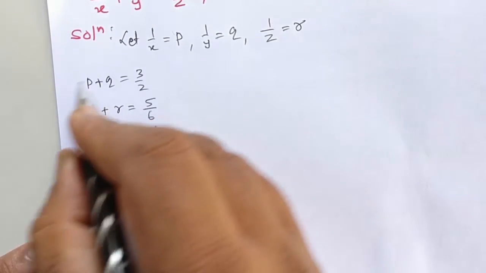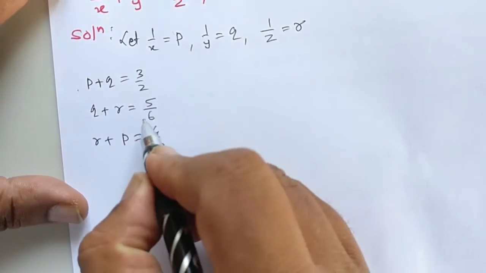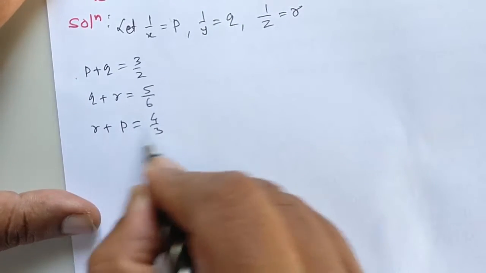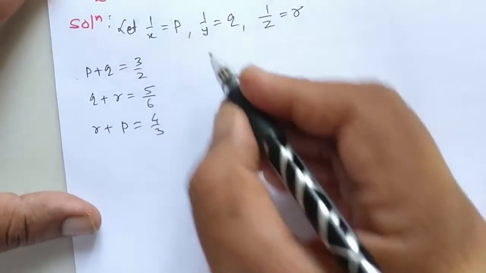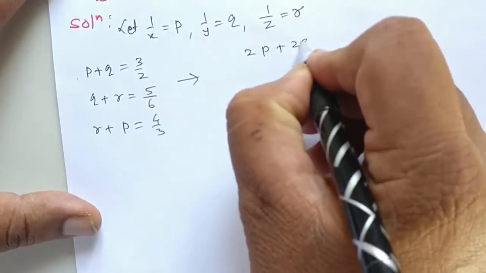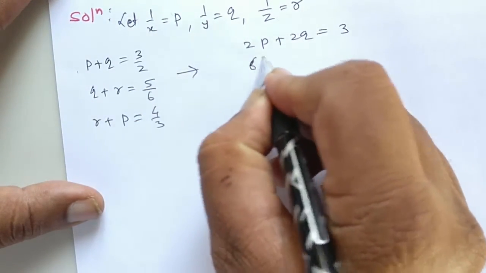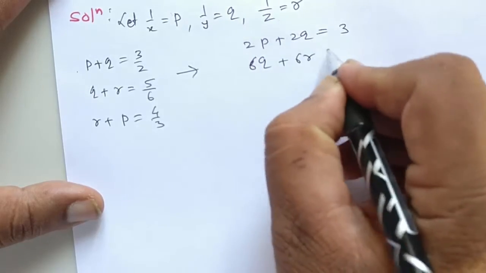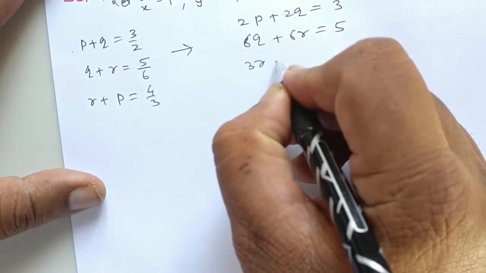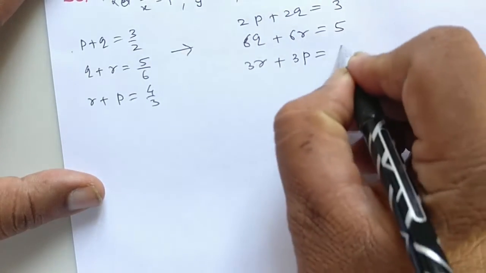Now we multiply 2 to both terms of the equation 1, 6 to both terms of the equation 2, and 3 to both terms of the equation 3. So this equation reduces to 2p plus 2q is equal to 3. Multiply by 6, 6q plus 6r is equal to 5. Multiply by 3, 3r plus 3p is equal to 4.